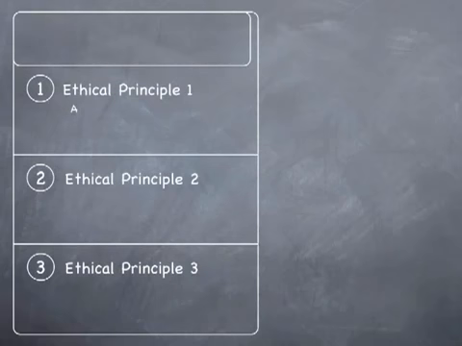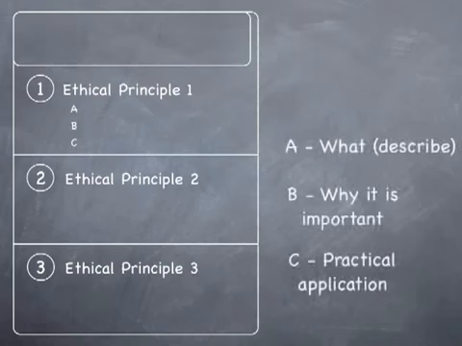So in main section 1, you would have subsection A, subsection B, and subsection C, in which A stands for what the principle is, B, why it is so important, and C, what is the practical application of this principle. When you're done with section 1, you just repeat the process in section 2 and in section 3. And when you're done with that, your paper is finished.